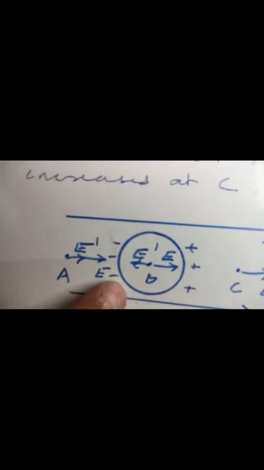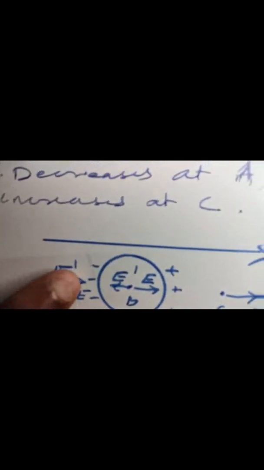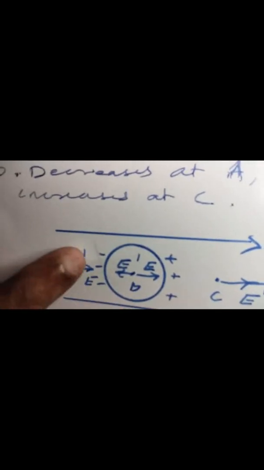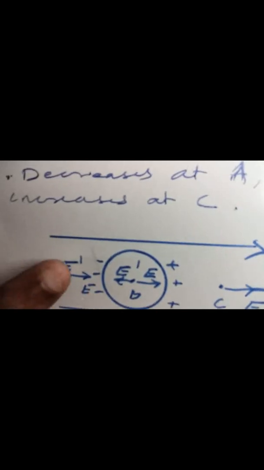Field is always away from positive charge and towards negative charge. So the induced intensity due to this induced charge, E dash, is towards this charge. So E and E dash are in the same direction, and the field at A will be E plus E dash, or the field at A increases.